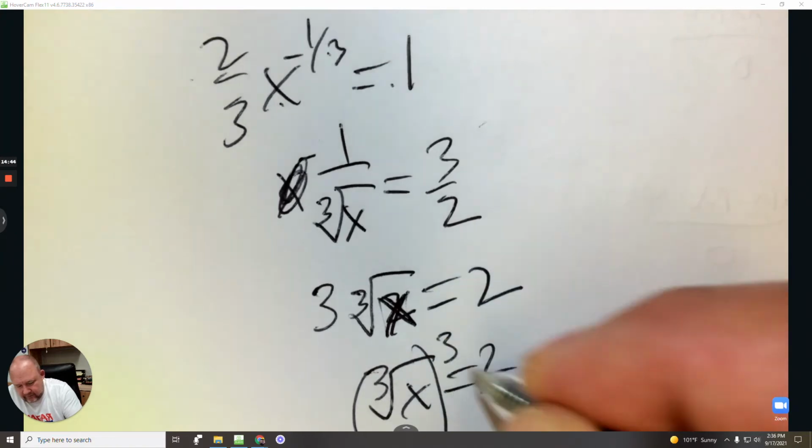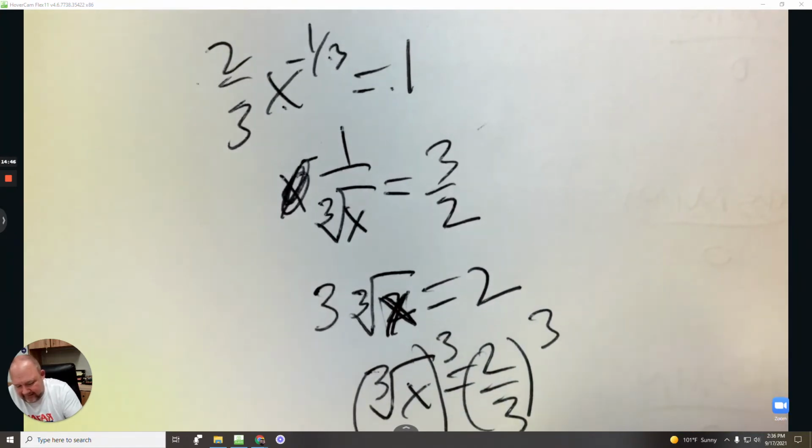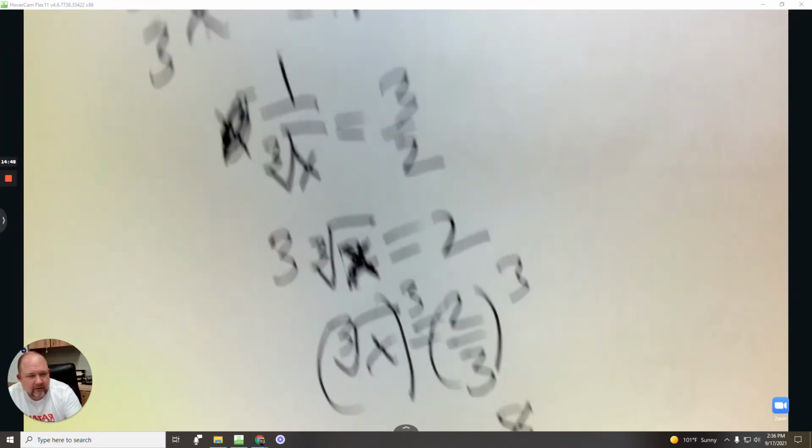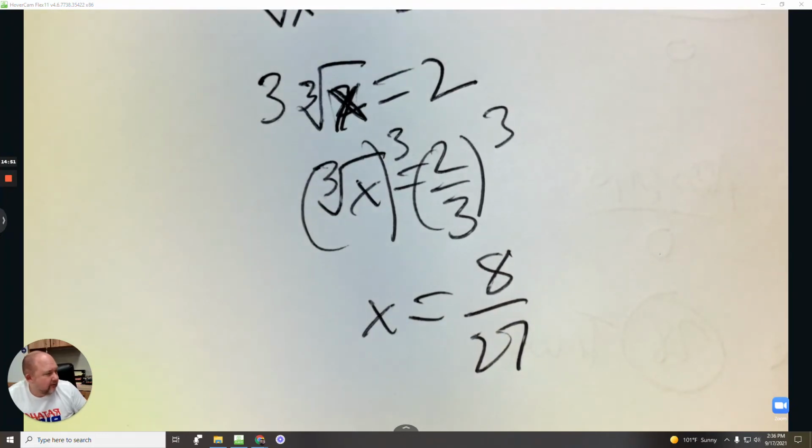And then to the exponent 3. So I got 8 over 27. I'm just making sure that's right. It is. When solving it. Number 32.